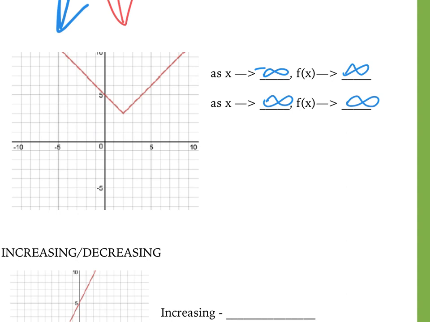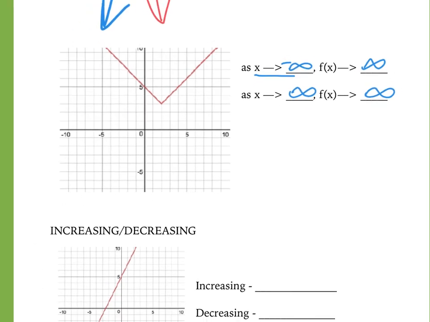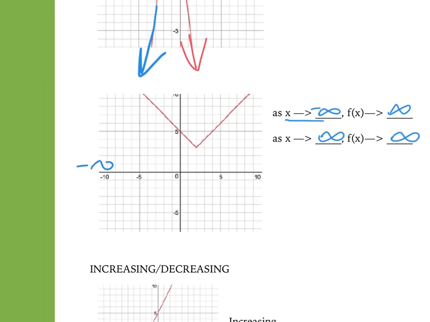Okay, so what these mean, as x approaches negative infinity, if I label my x-axis, I know negative infinity is to the left. My y-axis, I know it goes like this. So as x goes left, approaches negative infinity, do you see how y is going up to positive infinity?